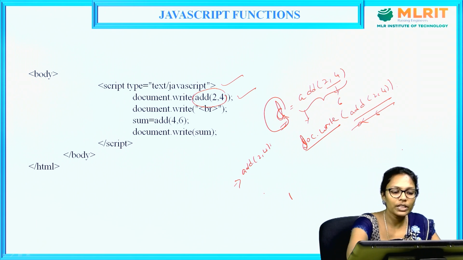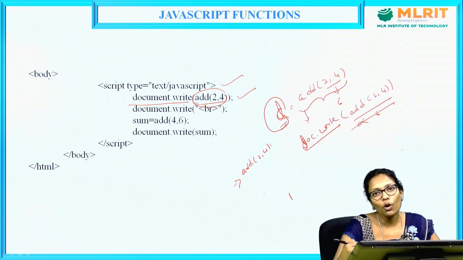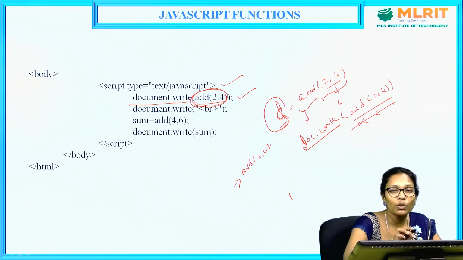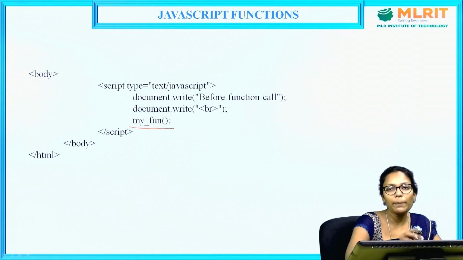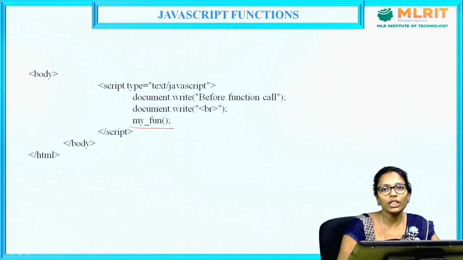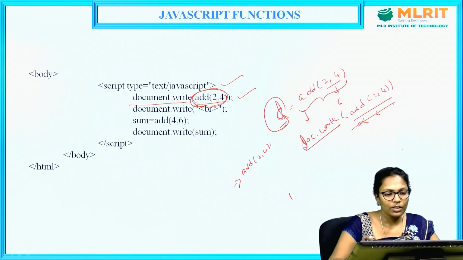So that I'm doing here, I'm calling this function within document.write, because it is returning some value. If you observe the previous program, I'm not writing the function within document.write, because that function is not returning anything. Here this function is returning, that's why I'm calling it within document.write.